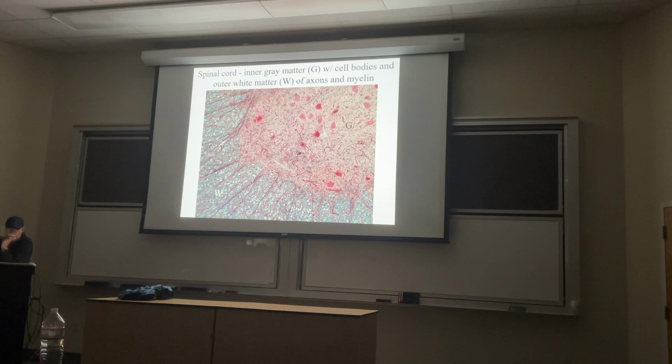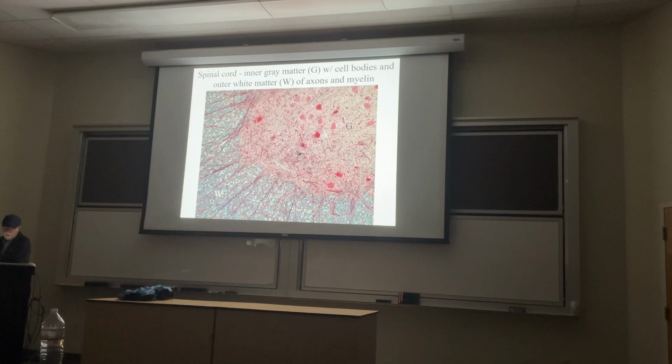What's that big dark red spot? Yeah, that's just an artifact. It either is a cell that got smushed during processing or some stain that just inadvertently got caught up there. Is that the same thing with that? This, I believe, is a neuron.